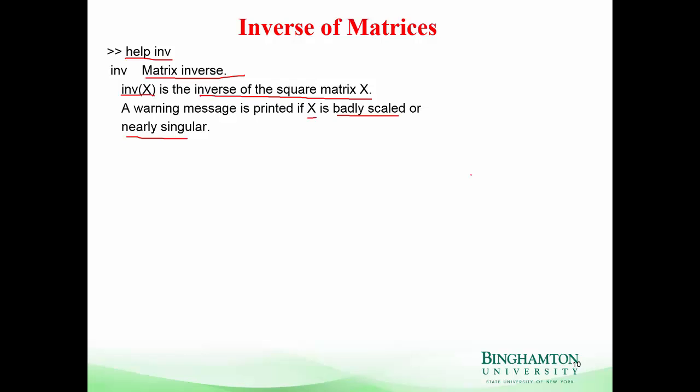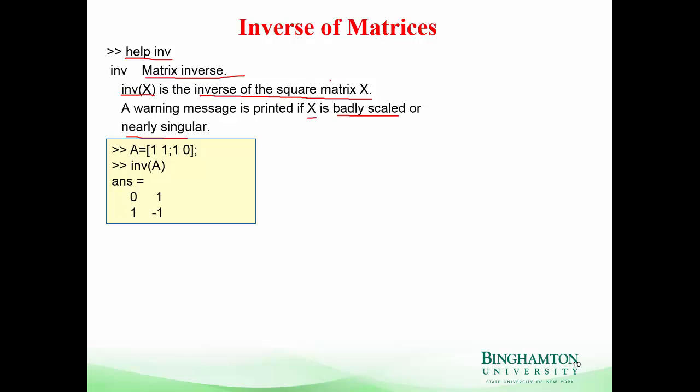And MATLAB will give you a warning. It will give you what it thinks is the result for the inverse, but it will warn you, saying, use this at your own risk. I mean, it doesn't really say that exactly. We'll see in just a minute what it says. But the warning is intending to tell you, be careful with this result.